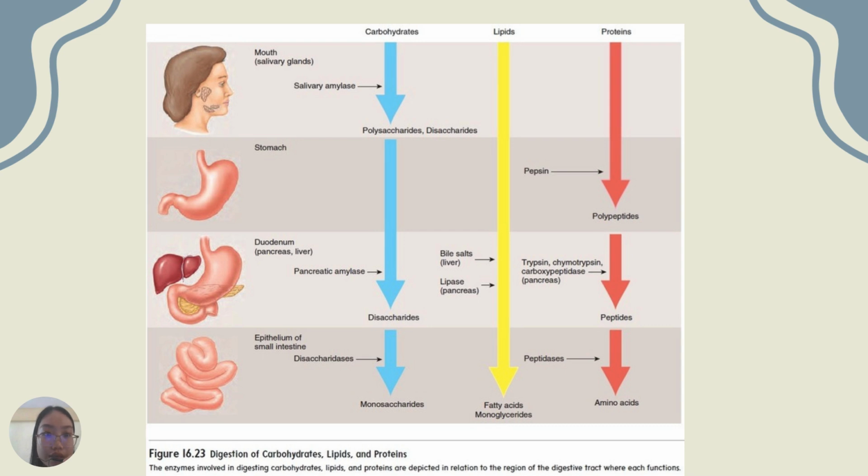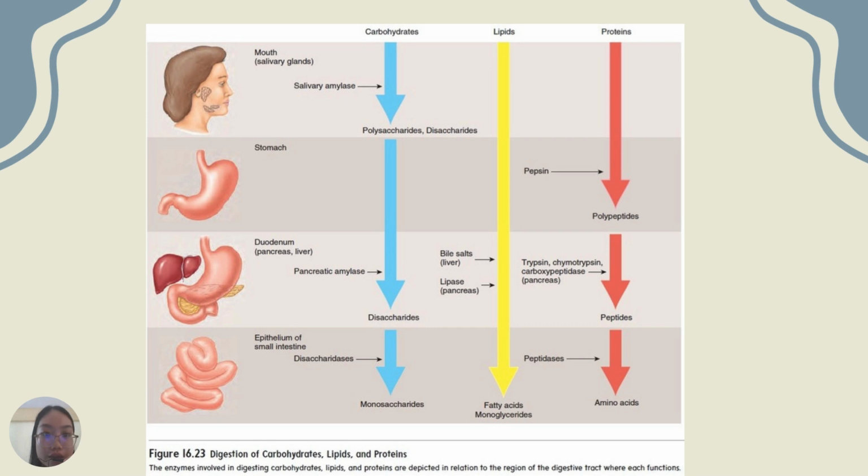As you can see here, the carbohydrates will be broken down by salivary amylase into polysaccharides or disaccharides in the mouth. Then these will go through the stomach and pass through the duodenum, which receives secretions from the pancreas and liver, and will be digested by pancreatic amylase into disaccharides. The disaccharides will go through the small intestine to become monosaccharides.